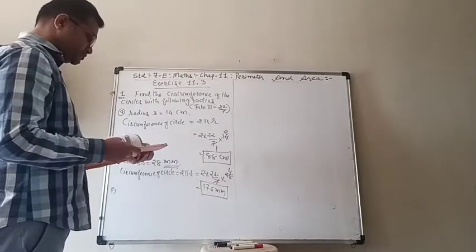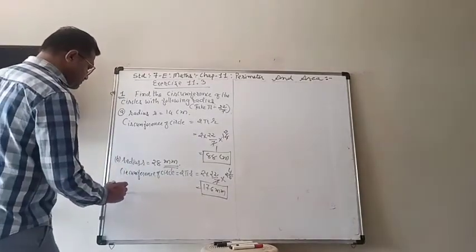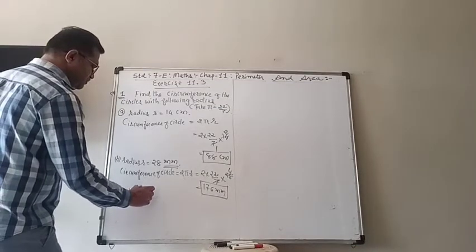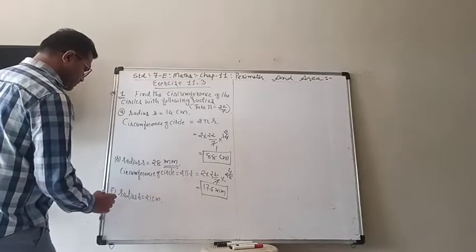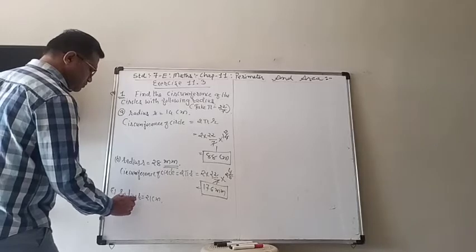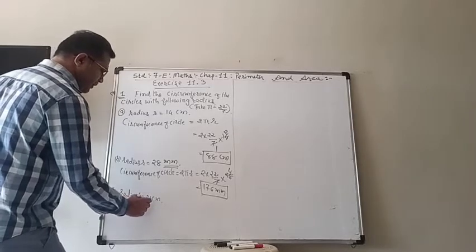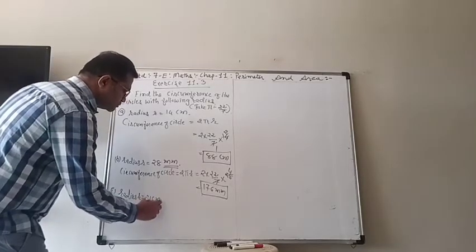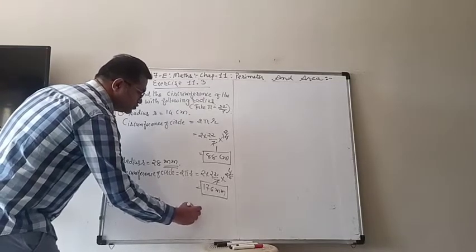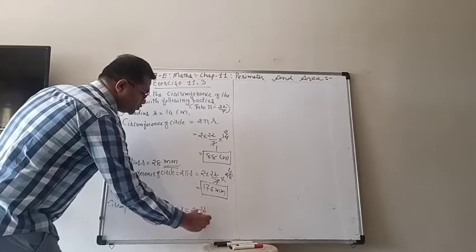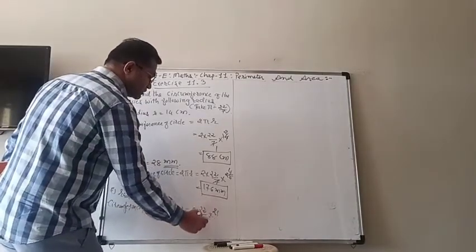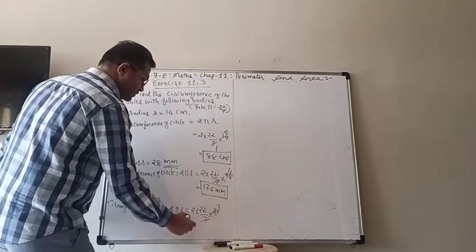Third one, radius r is 21 centimeter. So circumference of circle is 2 pi r: 2 multiplied by 22/7 multiplied by 21. 7 3s are 21.